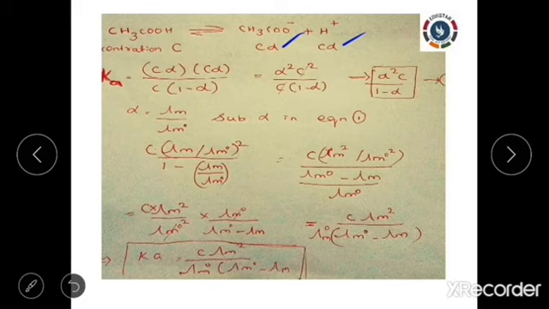How can this dissociation constant be expressed? The product side, C alpha into C alpha, divided by the undissociated form, that is C into what? 1 minus alpha is the undissociated fraction. So on multiplying we get alpha square C square over C into 1 minus alpha. Now see this, the C and C get cancelled, and we get the value for Ka.